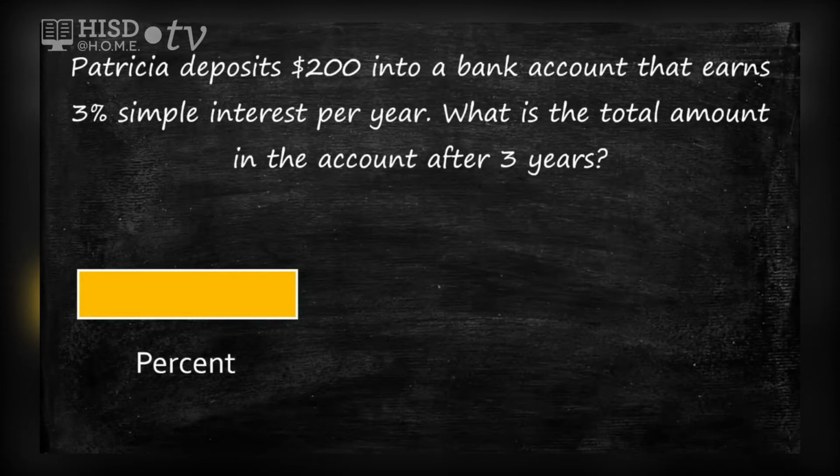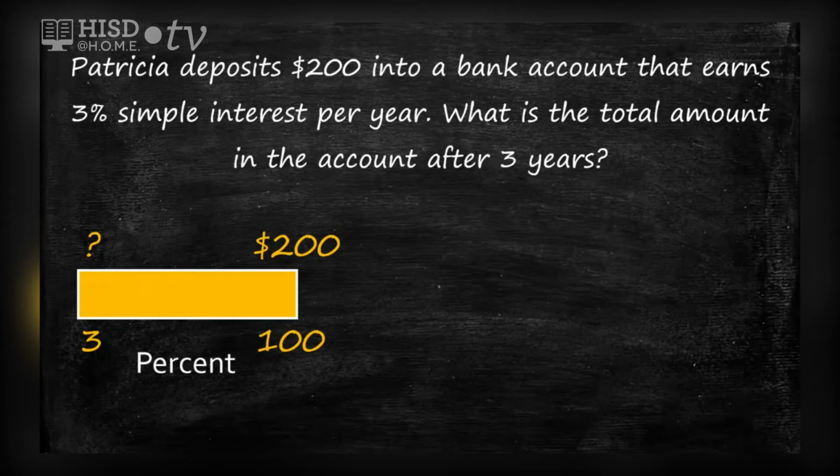So the first one, we have to know that this bar represents the $200, the full amount of the deposit, and of course we know that that represents 100%. Now I need to know what 3% is equal to, and that's where my variable is going to be. Why representing this with a bar is important?